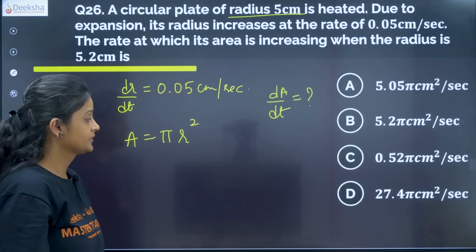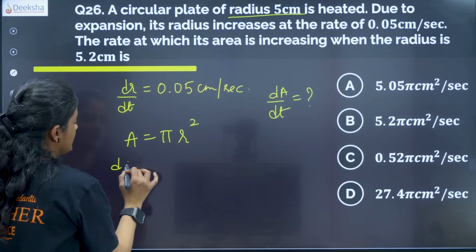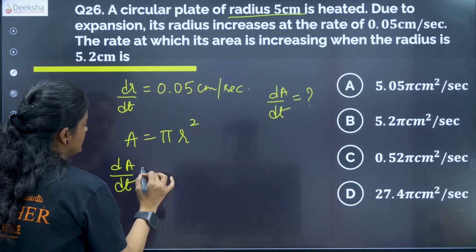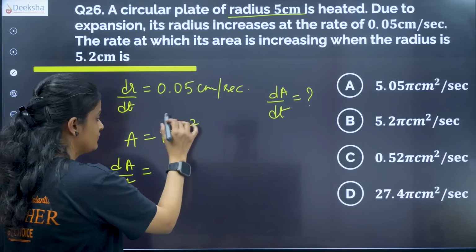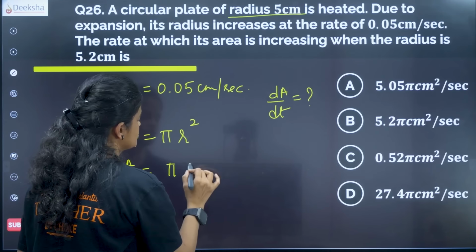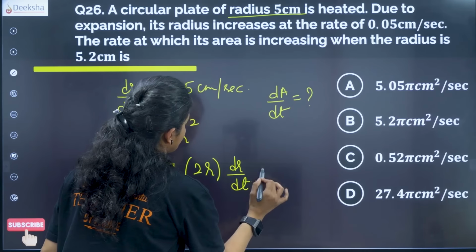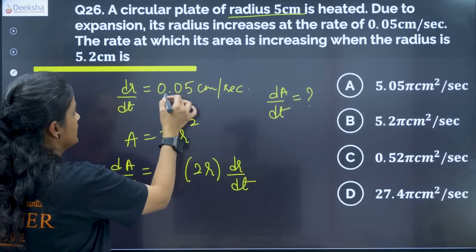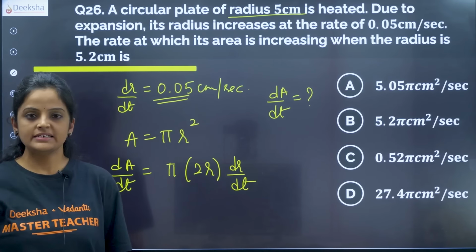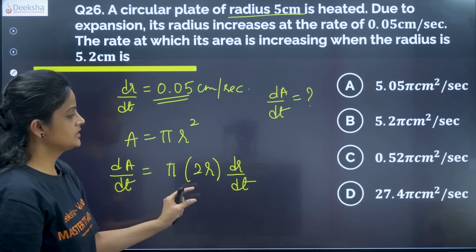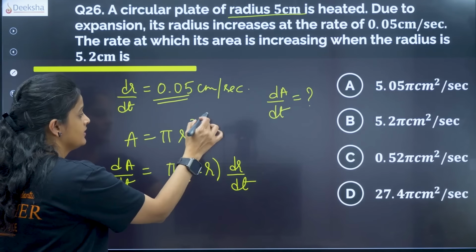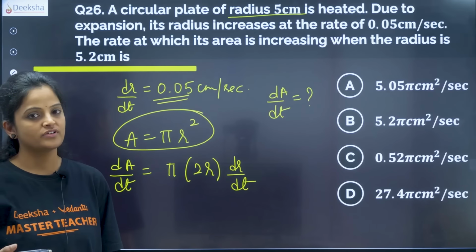Put that, dA by dt is equal to, differentiate this, pi into 2 into r into dr by dt. The r value we have, the dr by dt value we have, so just put it in the formula. This is a basic formula, area of a circle.